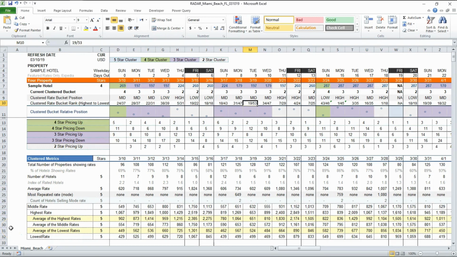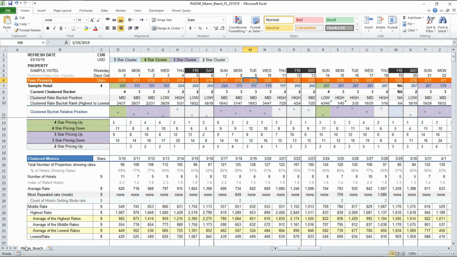In other words, from the most expensive to the least expensive within that bucket, what is the position of the rate? The next row is a graphical representation of where the rate is within its clustered bucket. As you can see, the colors change depending on the bucket, and the legend for those colors is at the very top of the radar report.